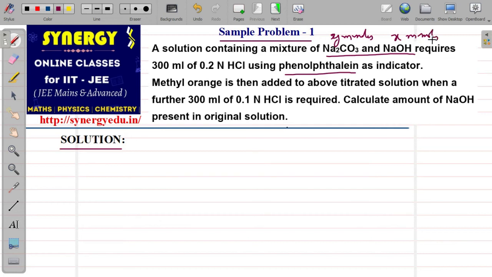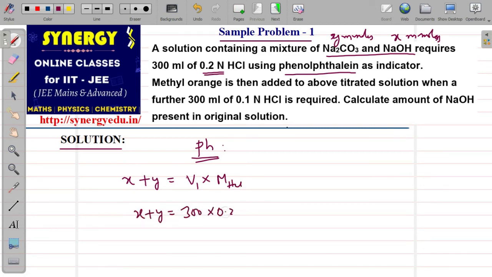It requires this much HCl with phenolphthalein as indicator. So we can write an equation for the phenolphthalein indicator: X plus Y is equal to volume into molarity. In the case of HCl, molarity and normality are the same, so 0.2 normality means I can take it as 0.2 molarity. So X plus Y is equal to 300 into 0.2, which is 60.